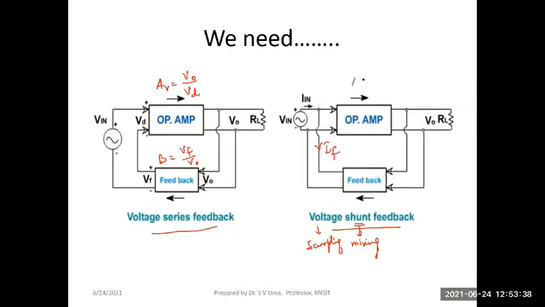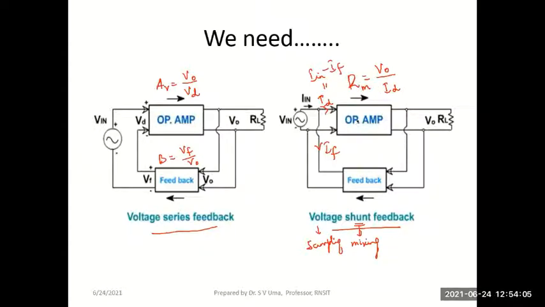So the basic amplifier will give you the ratio of output signal, which is voltage, to input signal, which is current. I'll call the current here the differential current. ID is I in minus IF. So the differential input current is I in minus IF. Output by input is voltage by current. This indicates a resistance.